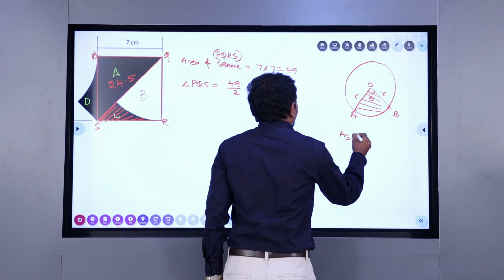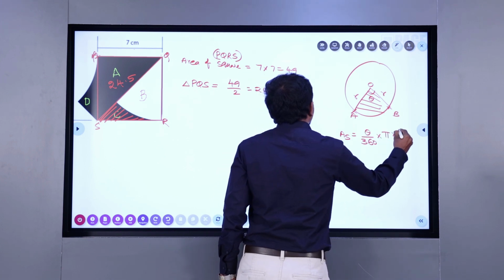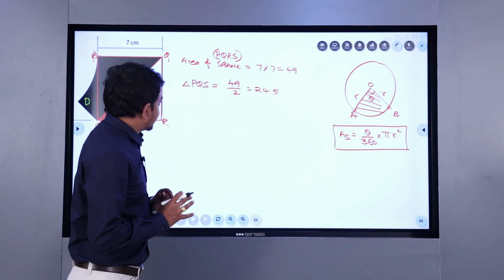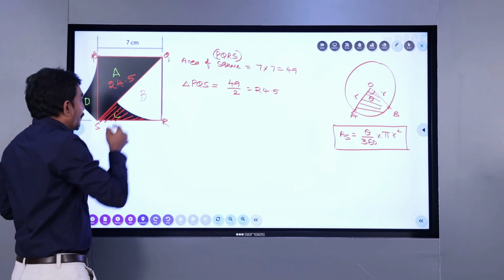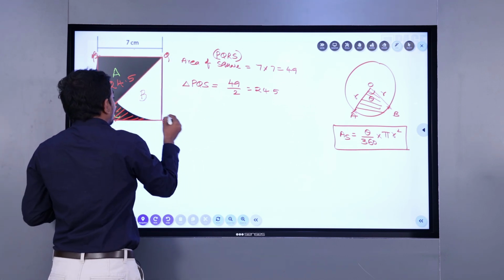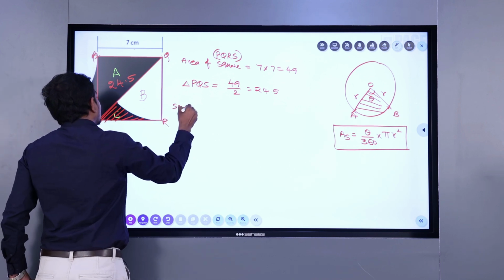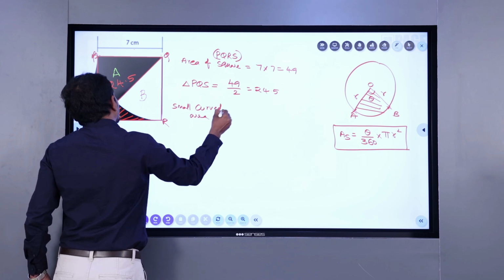What is the area of sector formula? That is theta by 360 into the area of the circle, pi r squared. If we use that, you can get this white region. From this triangle, let us find out the small shaded area. Let me write it down here. The small curved area is equal to what?